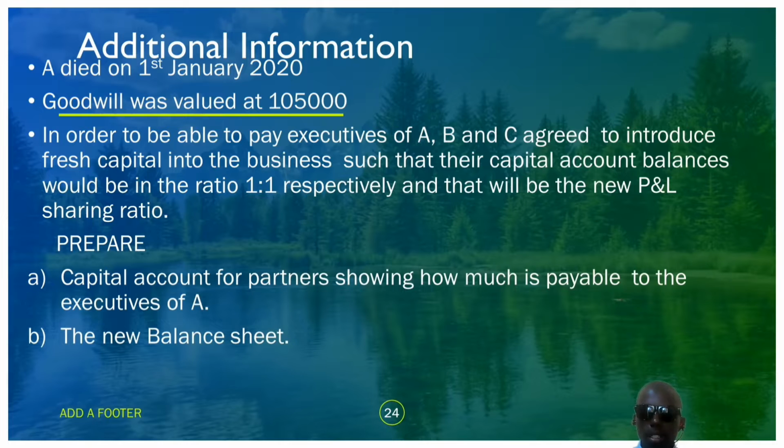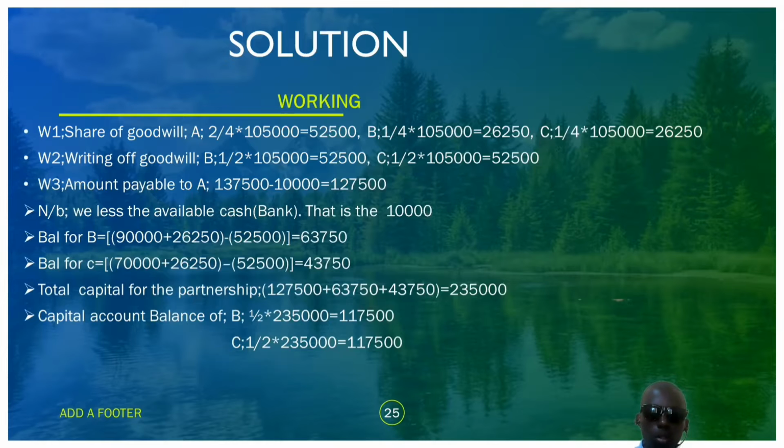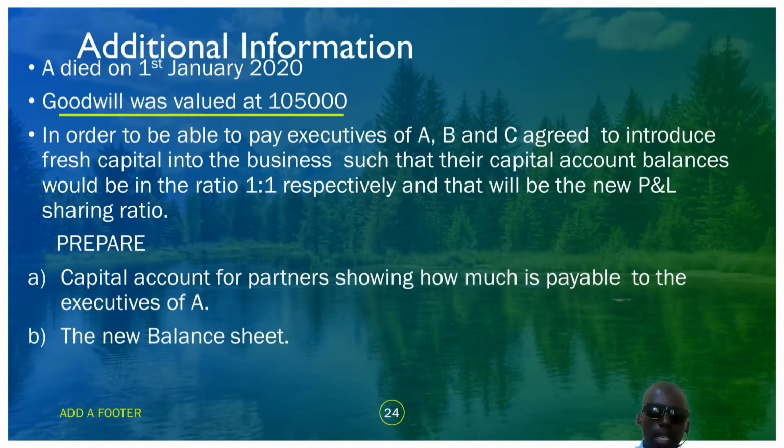Let's try to approach that question. As you can see, this is the format of the capital account. What should we do before filling in these figures? First of all, you have been told that A died on 1st January and goodwill was valued at 105,000.